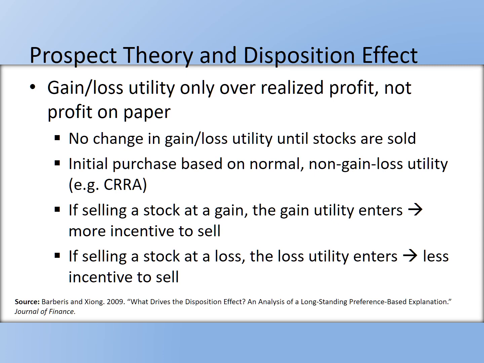This gives you the standard behavior as in financial economics. If the return is high enough, you would buy because it's high enough to compensate for your risk aversion. At the moment of selling, if you sell at a gain, you get a boost in utility. If you sell at a loss, you get a deduction in your utility. So that gives you the extra incentive.